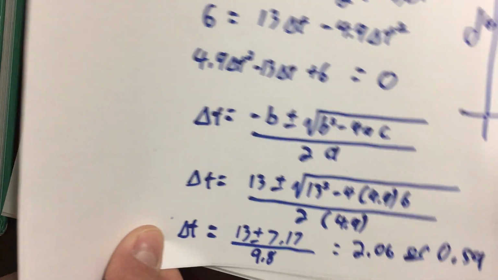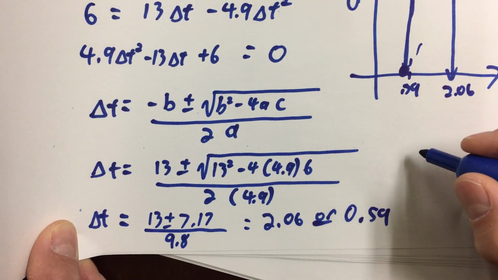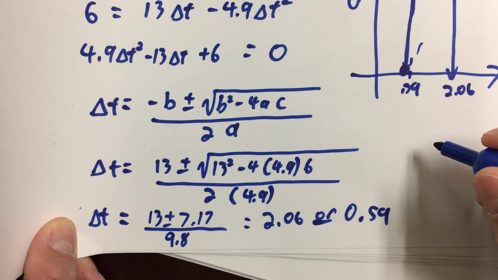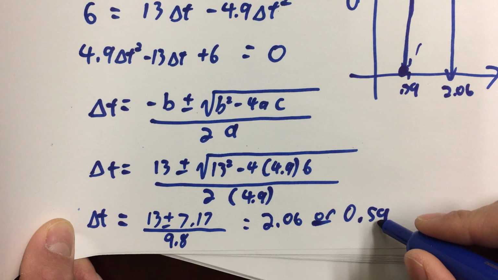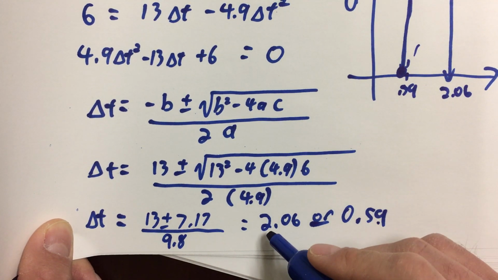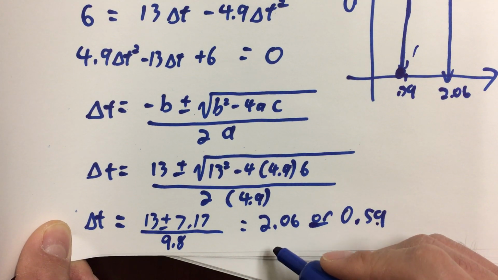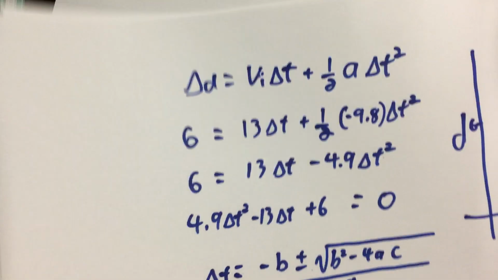So those are my two answers, and they're both correct. And you could write out a sentence saying that ball was at a height of 6 meters, 0.59 seconds after it was thrown. It was at that height on the way up. And 2.06 seconds after it was thrown, it was at that height again, but on its way back down.